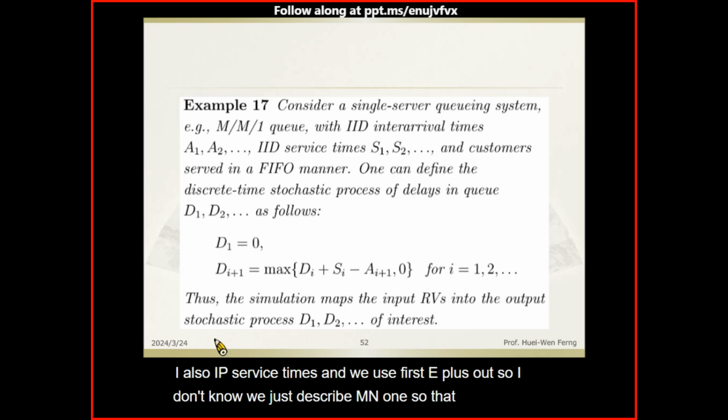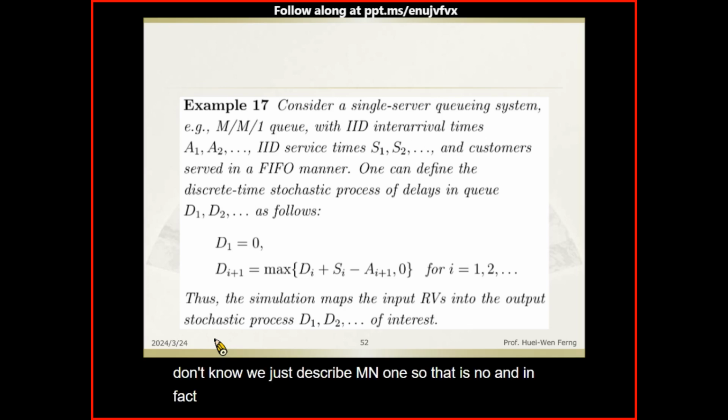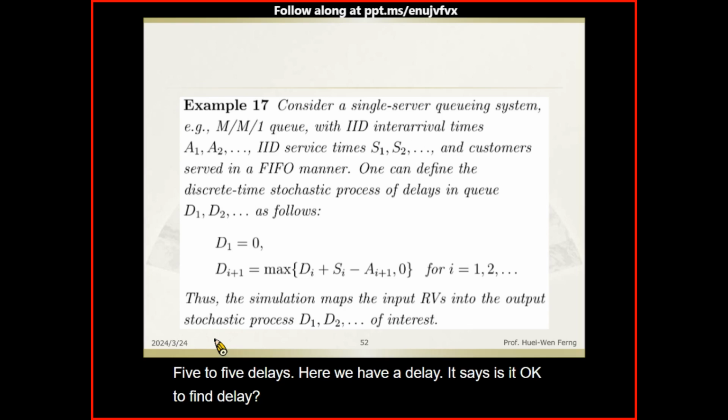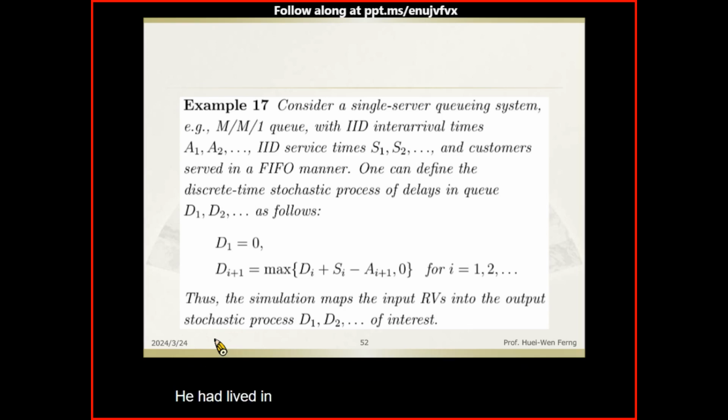And in fact, you can define delays. Here we have a delay, meaning the delay in queue. The first customer's delay is 0, then the second delay, third delay, and so on. We can use simulation to get the delays.